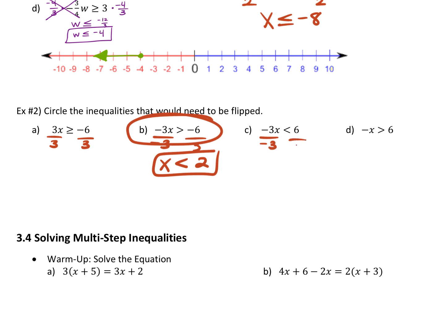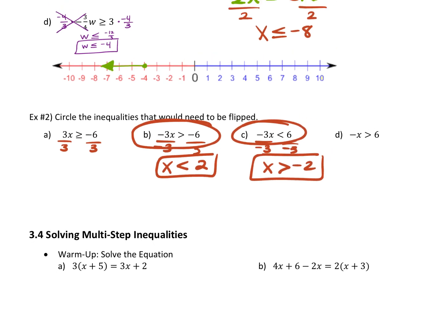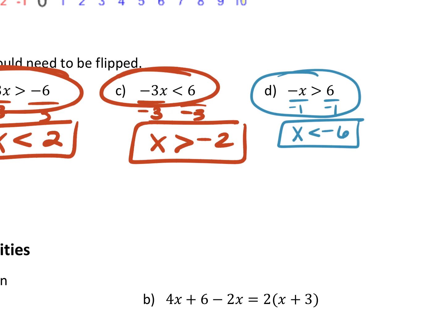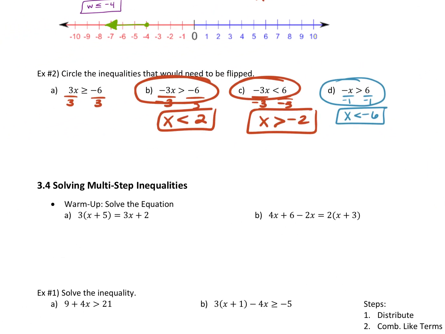Divide by a -3, so x is greater than a -2, so that's a yes. How about D? What are you dividing by? -1, or you could multiply by -1 too. So x is less than -6, right? So we do flip on that also. So B, C, and D, you would flip all of those. Letter A, you're not going to flip that. Okay?